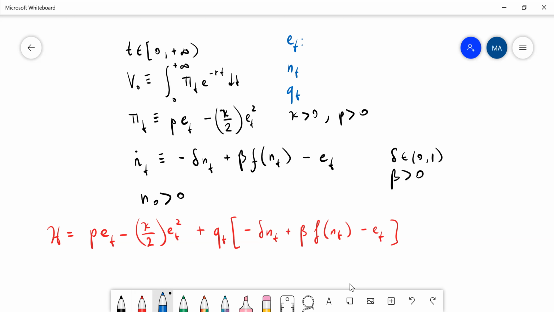So with respect to e t, you have the derivative, so P minus kappa e t, this part, plus q t minus 1, right? So the derivative of the Hamiltonian with respect to e t is just that.